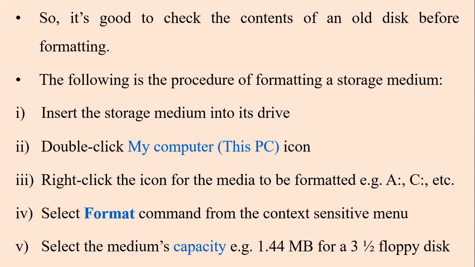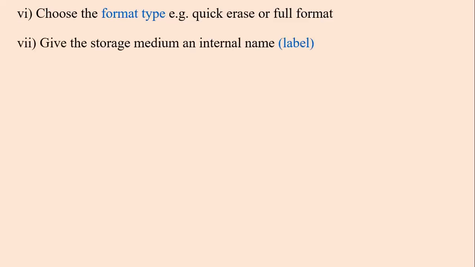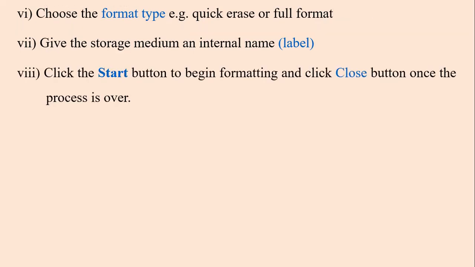Select the medium's capacity from the dialog box that will be displayed, and then choose the format type, for example, quick erase or full format. Give the storage media an internal name, that is what we call a label. And then click on the Start button in order to begin formatting. Once formatting is complete, you click on the Close button for the formatting window.